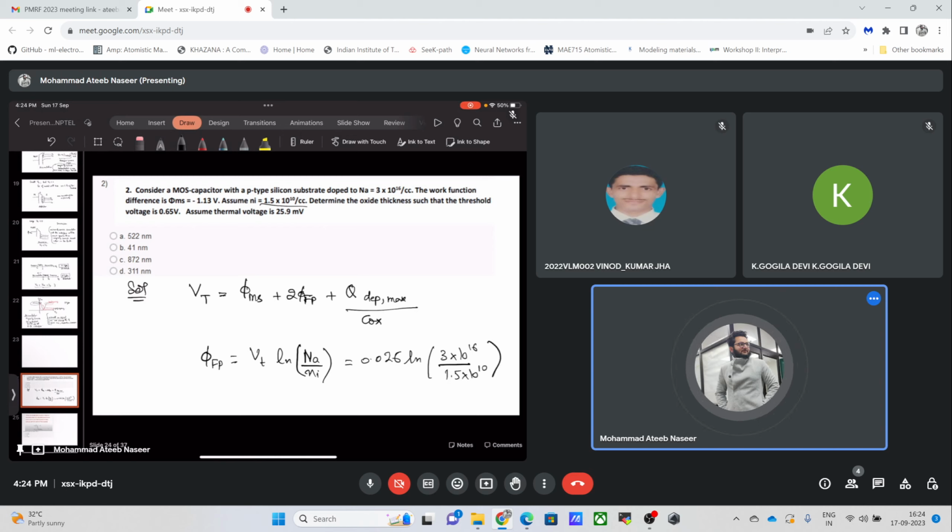So it is simply 2 into 10 raised to power 6 inside the ln, so ln of it, times 0.026, is 0.376.